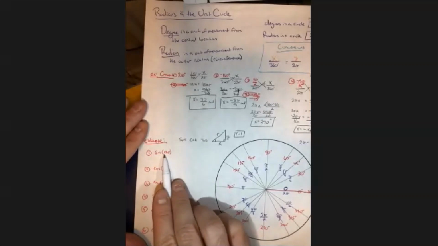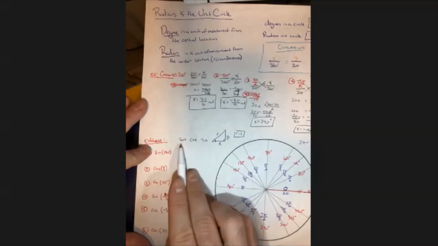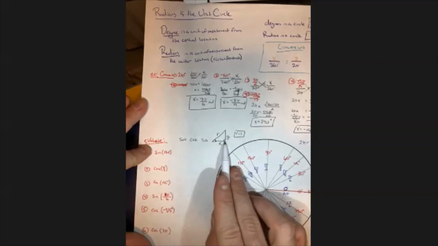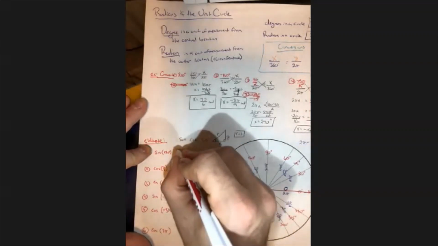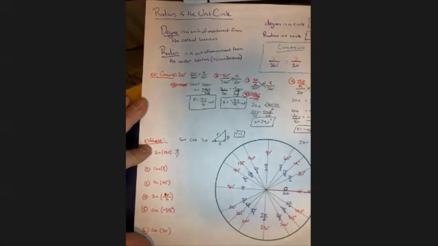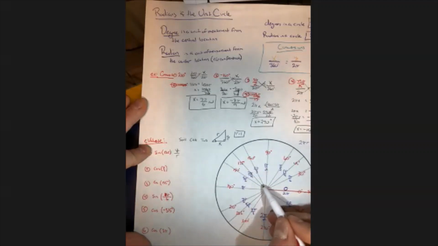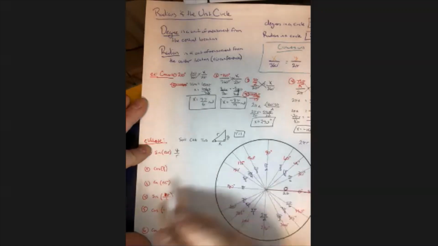So when I look at the sine of 120 degrees, that's opposite over hypotenuse, y over r. So I need the y value over the radius. 120 degrees is right here. That is going to be a 60-degree jump, because from 180 to 120, that's 60 degrees.